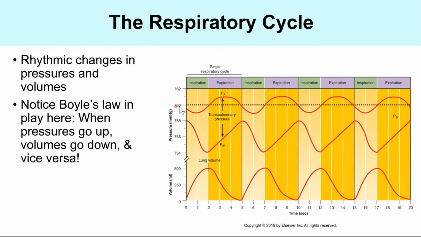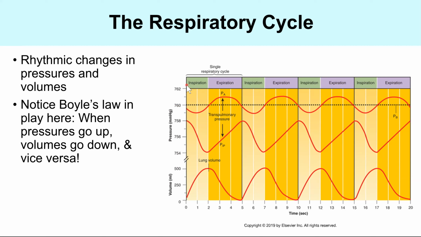Where it says 760 and this dotted line, that represents atmospheric pressure, because atmospheric pressure doesn't change unless you change geographic locations. Then down here we see the intrapleural pressure. And between them we see the transpulmonary pressure. And at the bottom we see the volume of the lungs with each respiratory cycle.